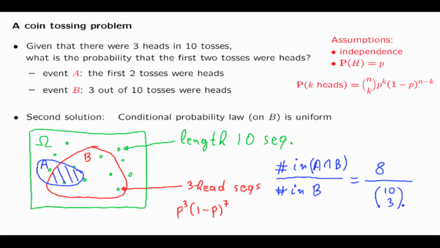So both approaches, of course, give the same solution. This second approach is a little easier because we never had to involve any p's in our calculation. We got to the answer directly. The reason that this approach worked was that the conditional universe, the event B, had a uniform probability law on it.